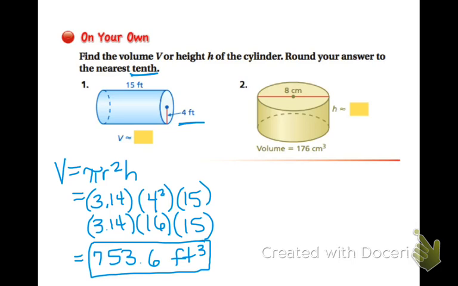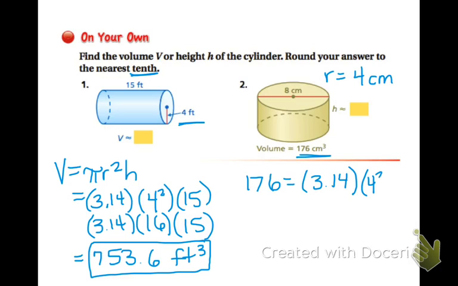For problem number 2, working with the same formula, we are now going to substitute in a number for V. So we get 176 is equal to 3.14, and here we're given the diameter, so we have to divide by 2 to get the radius of 4 centimeters, so 4 squared times h.